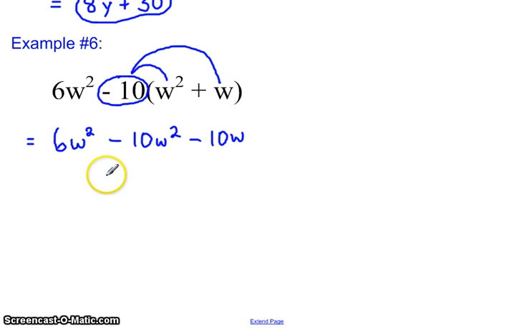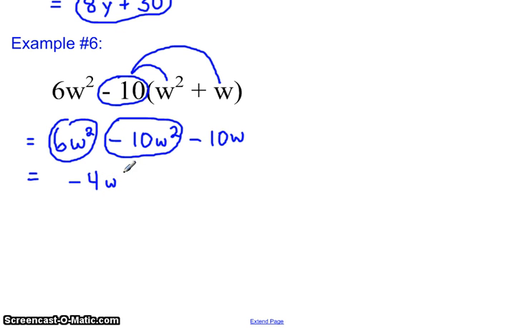Alright, so that's the big catch there, is that you're distributing the negative 10 to both. Alright, now I'll combine like terms, and the only ones I can combine are the 6w squared and the negative 10w squared right here and right here. So that's going to give me negative 4w squared minus 10w.